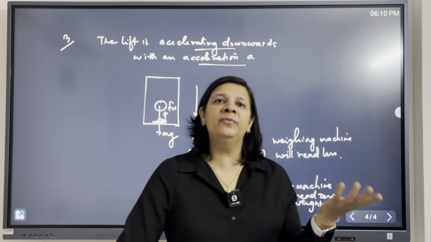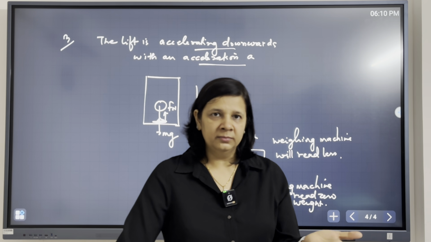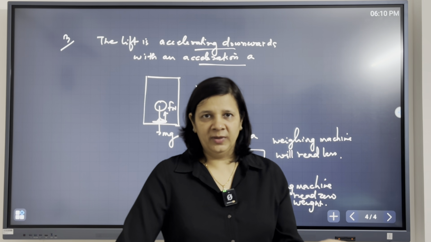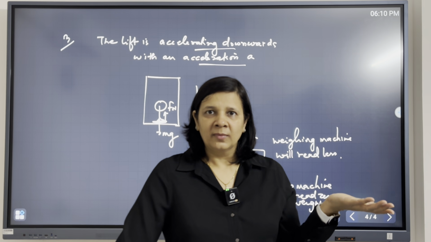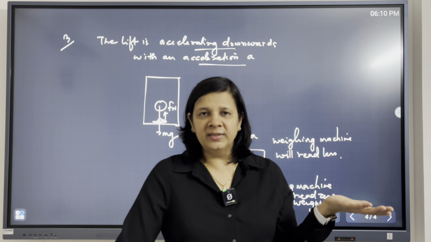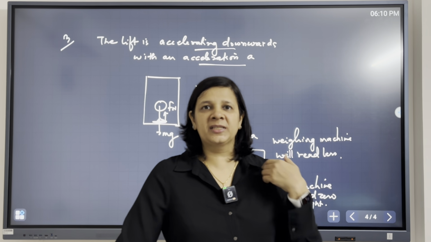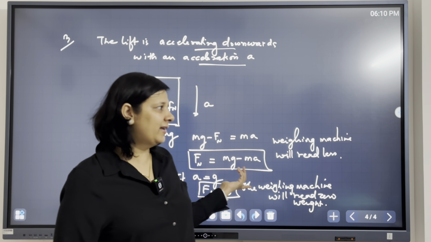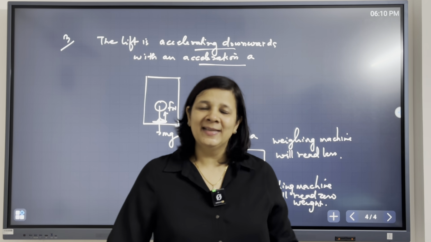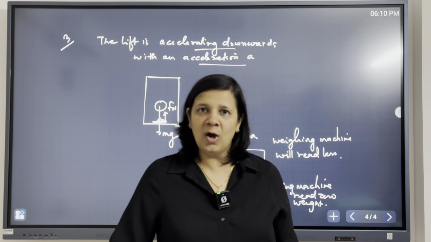For example, only 1 block is kept on the table in the lift, and the lift is accelerating upwards. Then again we can calculate how much will be the normal force. In the similar way, we can just use Newton's second law and calculate how much is the normal force.